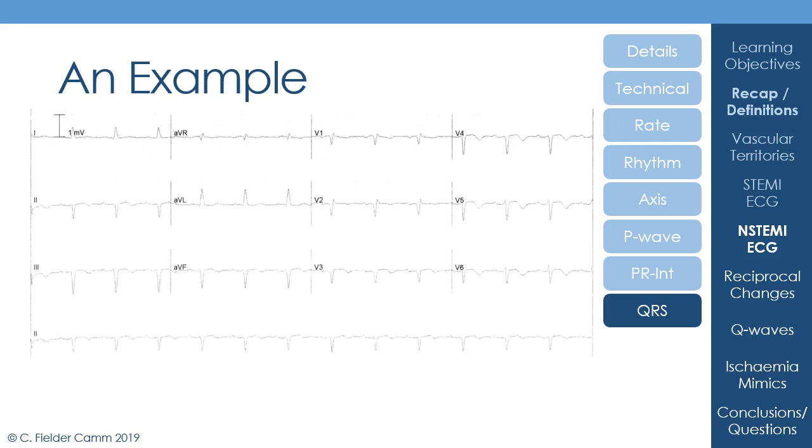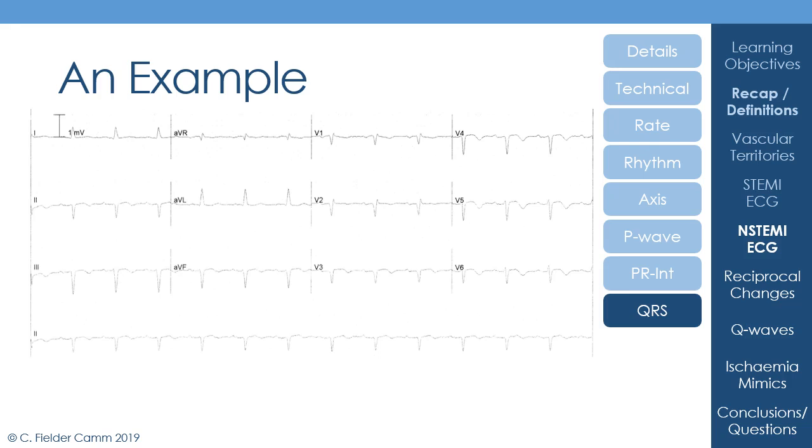It's possible that there's Q waves in leads 2 and 3 as well. I can't really make out any positive deflection before that big negative QRS complex. So there's signs of widespread Q waves, which is suggestive of quite significant myocardial infarctions in the past, potentially in both the anterior and inferior territories. We will go on to talk about Q waves in a bit more detail towards the end of this lecture.